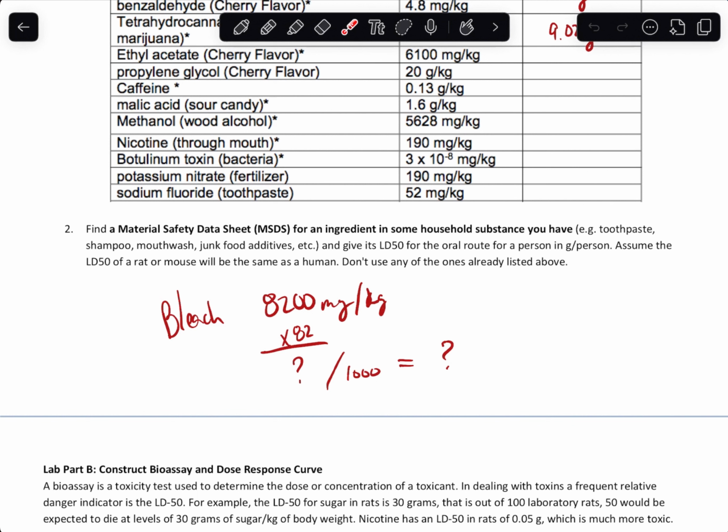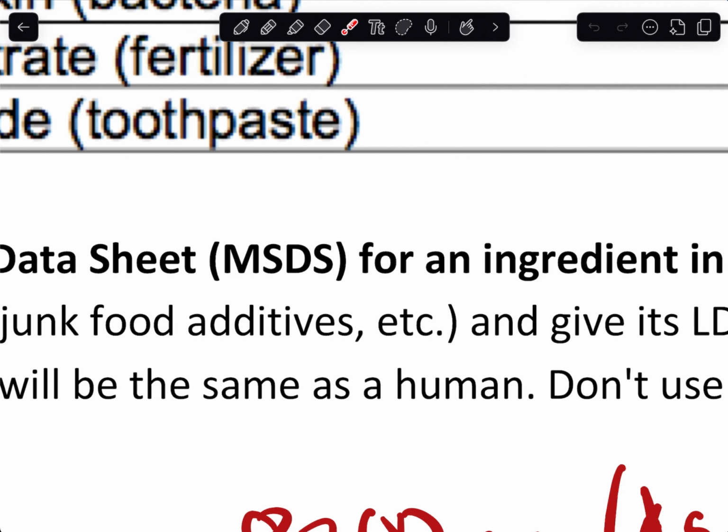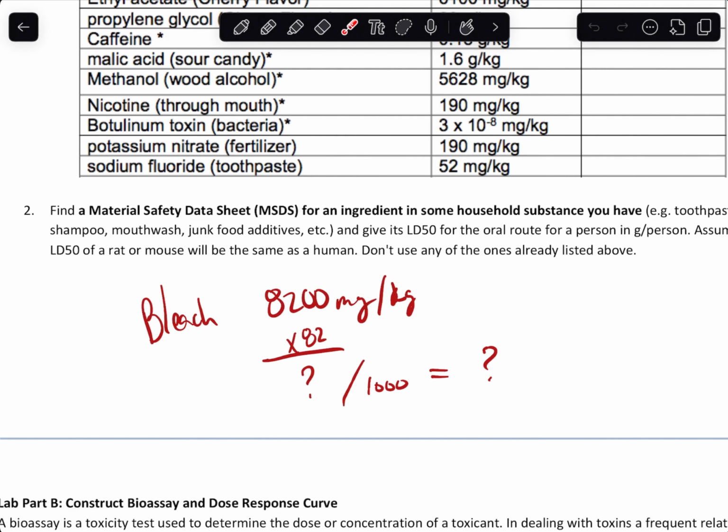If you just Google the substance, like in this case I Googled bleach, you just do bleach and then MSDS. So you can see MSDS right here. If I just Google whatever chemical with MSDS after it, it's going to take me to a PDF where I can scroll down and find the toxicological information.